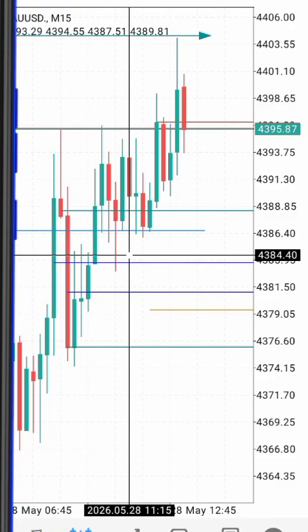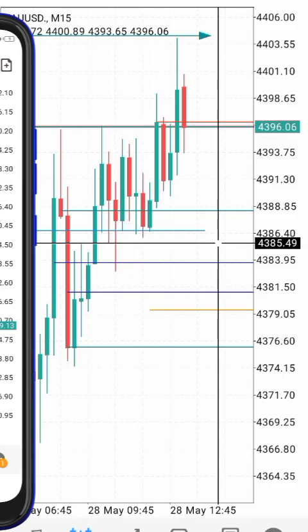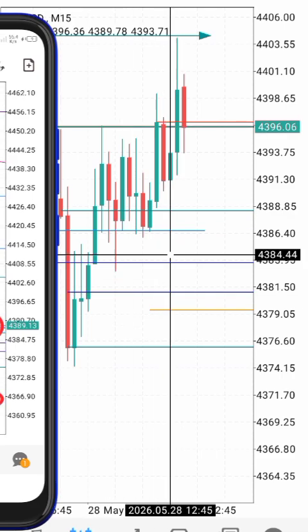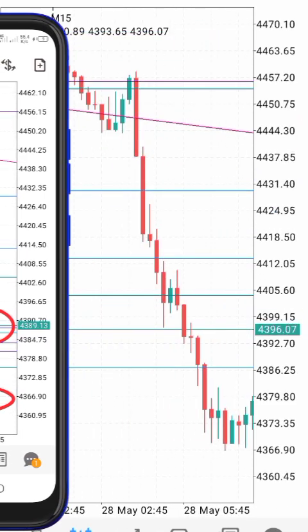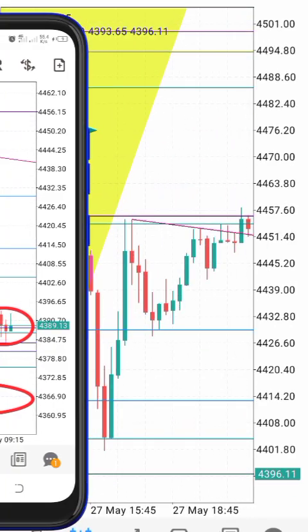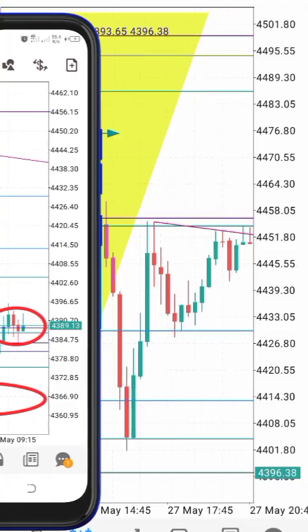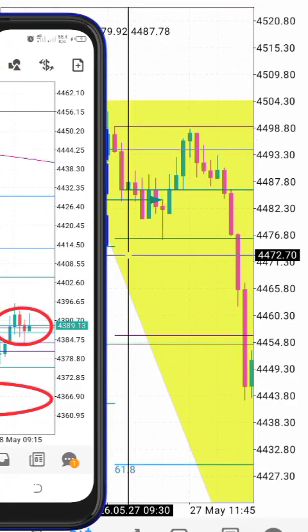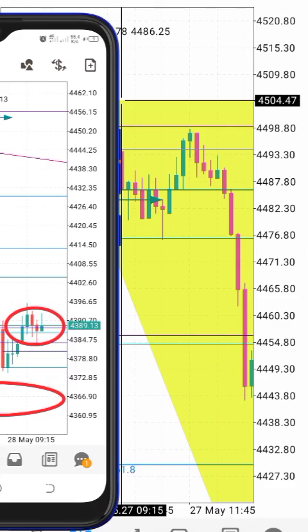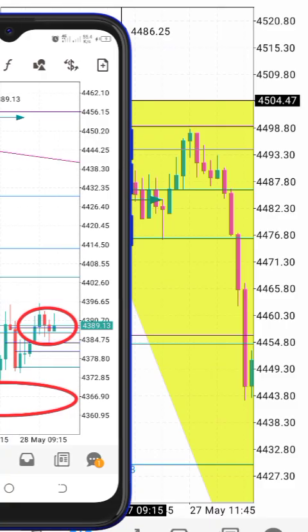All right, so now let's use today's market and look at it. Today is 28th of May. This morning the market made a move, completing a previous day's move that we correctly projected. That was a sell continuation from the previous day, completing the first fib sequence. The fib sequence was from 4504 to 4304.